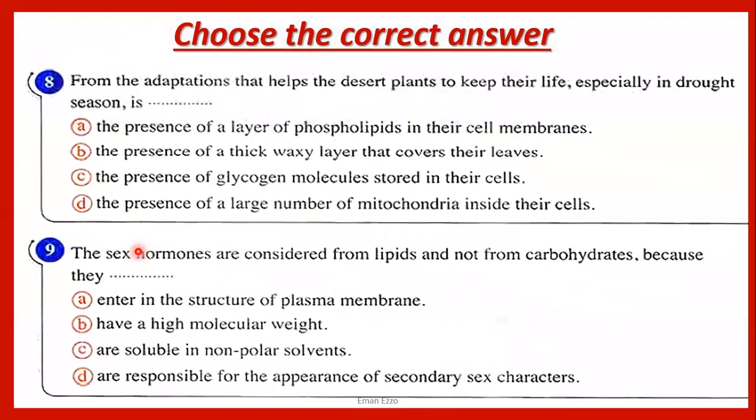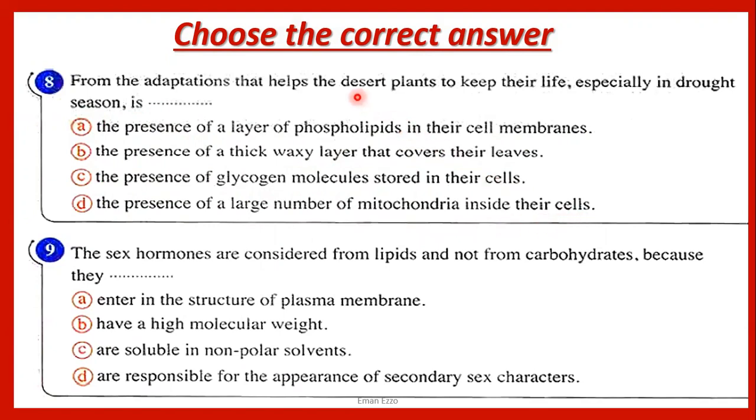The next question, question number 8. It says: from the adaptations that help desert plants keep their life, especially in the drought season, meaning the absence of water, is the presence of a layer of phospholipids in their cell membrane, the presence of a thick waxy layer that covers their leaves, the presence of glycogen molecules stored in their cells, or the presence of a large number of mitochondria inside their cells.